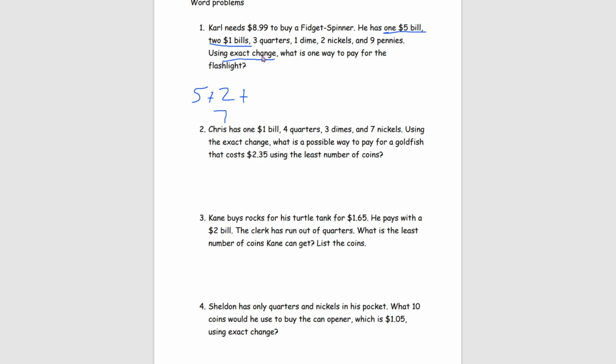We're still missing 1.99, and then we can add 3 quarters, which is 0.75, add 1 dime, which is plus 0.10, add 2 nickels, which is plus 0.10 too, which gets us up to $7.95.